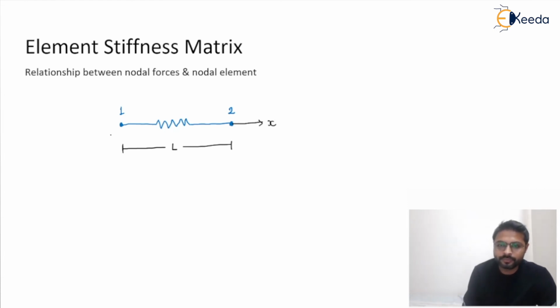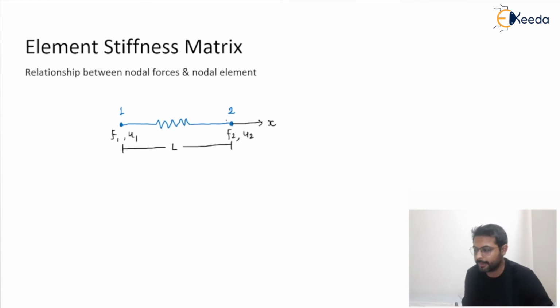At this point the local force applied is F1, and due to the force the deflection of this node will be indicated by u1. Same for node number 2: the force is denoted by F2 and the displacement is denoted by u2. Now we want to establish the relation between the nodal force F and the nodal displacement.